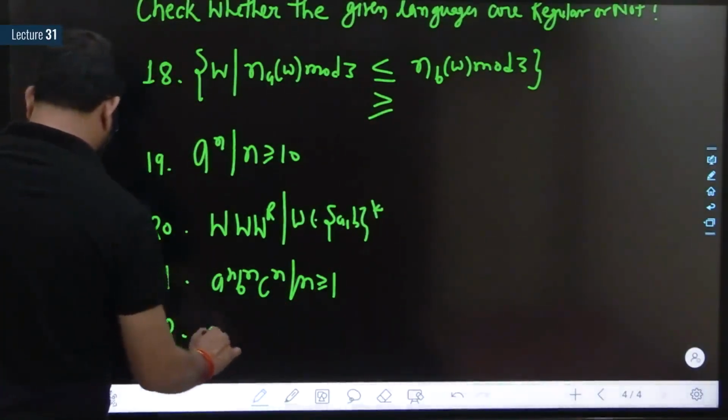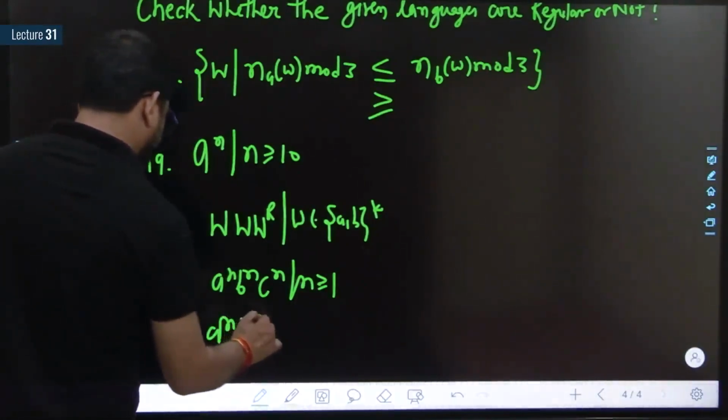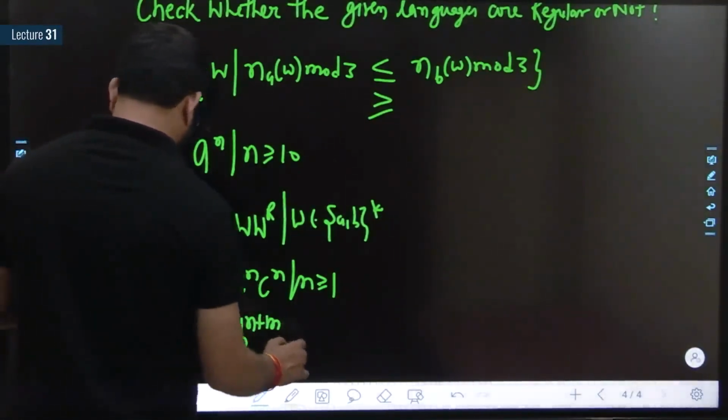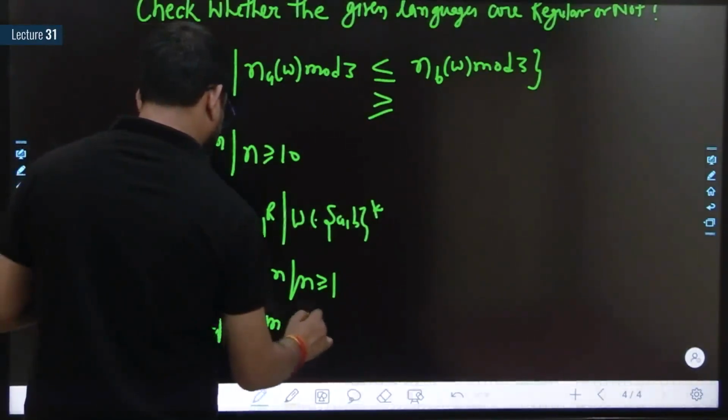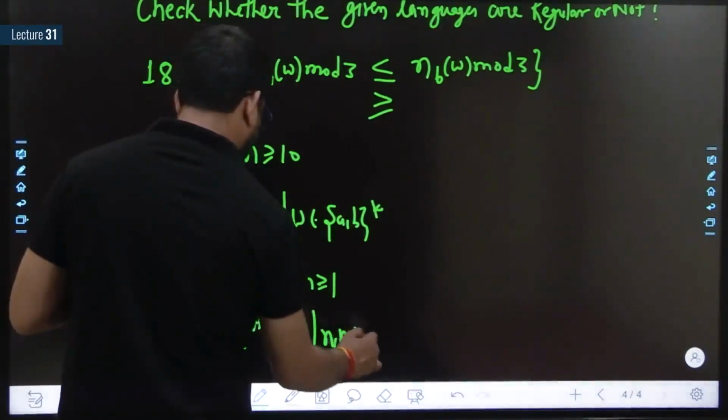22: a^n b^(n+m) c^m, where n is greater than or equal to 1.